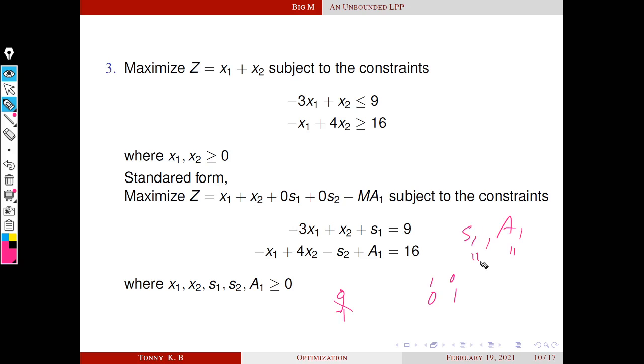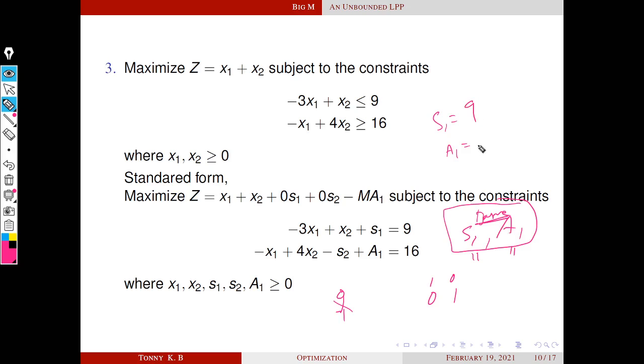This is the initial value of S1. They are basic. Yes, S1 is 9.